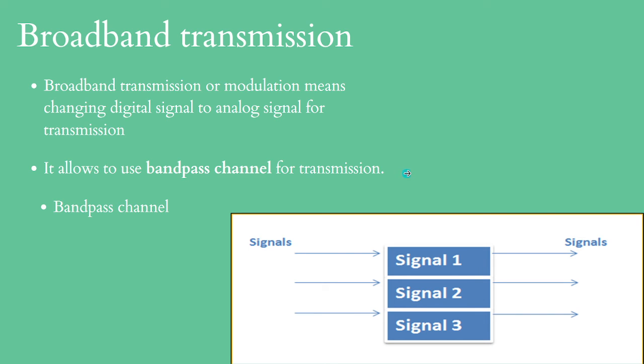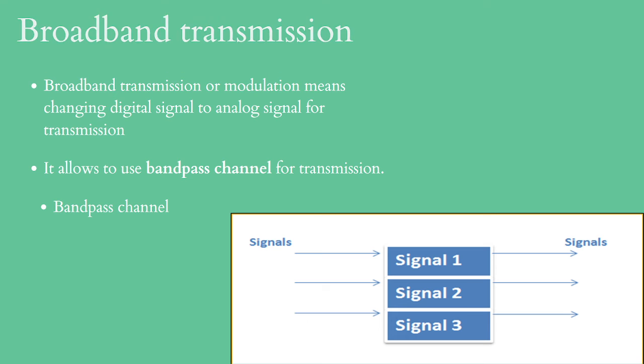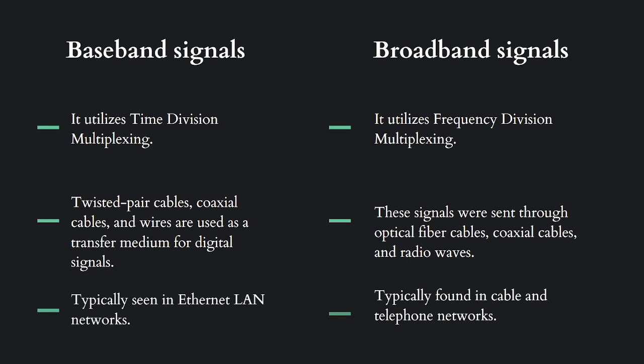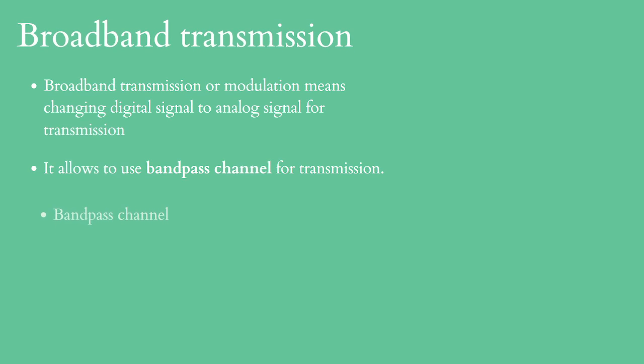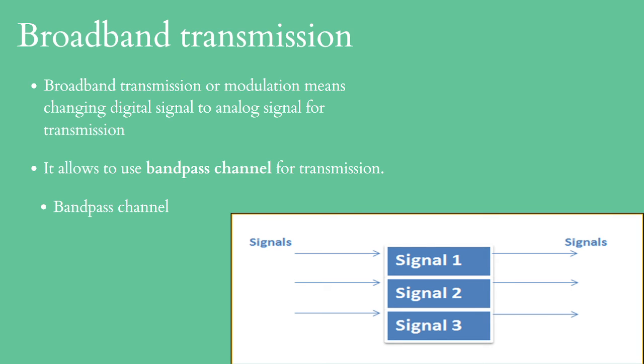And for this transmission we use a band pass channel. For the first one we were using a low pass channel. So what is a band pass channel? If there is a certain range of frequency f1 to f2, a low pass channel starts from 0 to f1 and a band pass channel starts from f1 to f2.